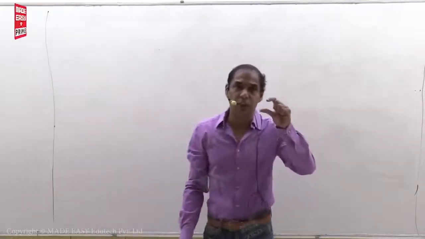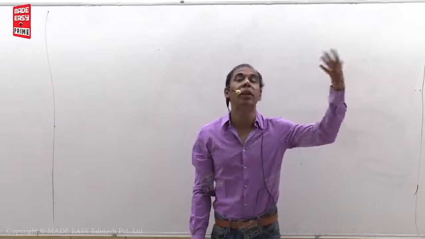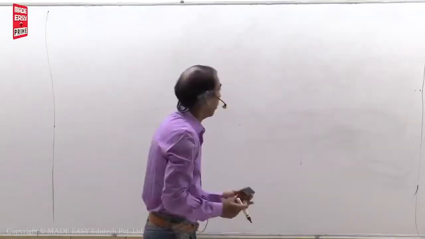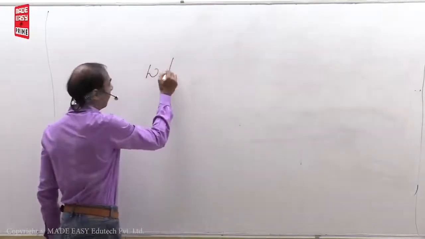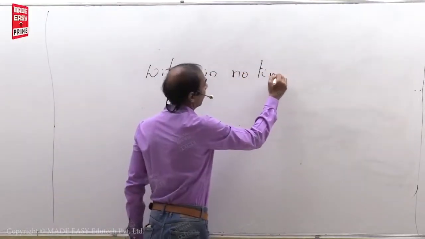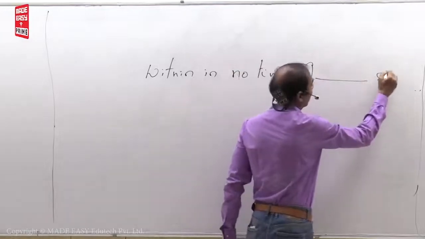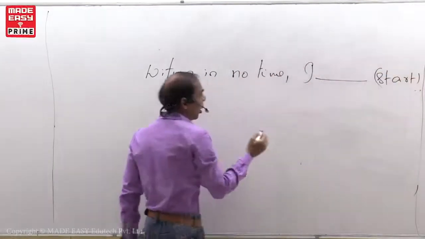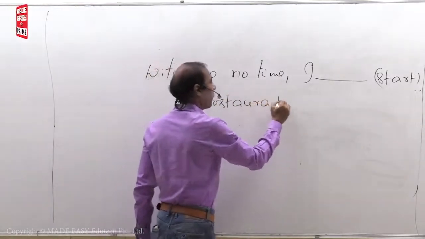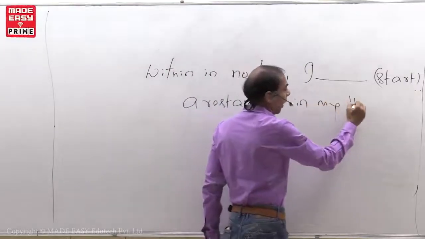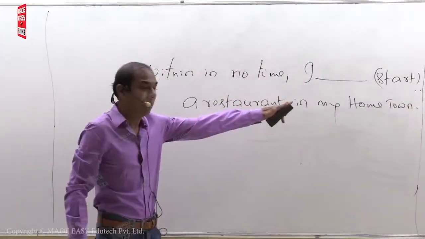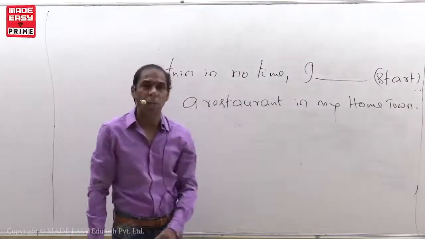What is simple future? Simple future expresses actions happen in future. It may or may not happen. Just thinking. One more: within no time, I dash start a restaurant in my hometown.